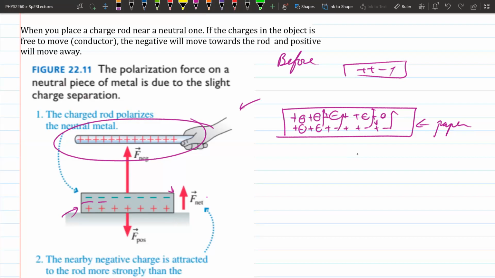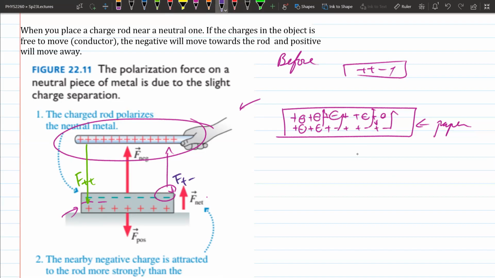The reason that the paper gets attracted to it is because the force that attracts between the plus and the minus is bigger than the force that repels them. So this is the force of plus plus. This one, where's my purple? Yeah, purple ink. This is force plus minus.